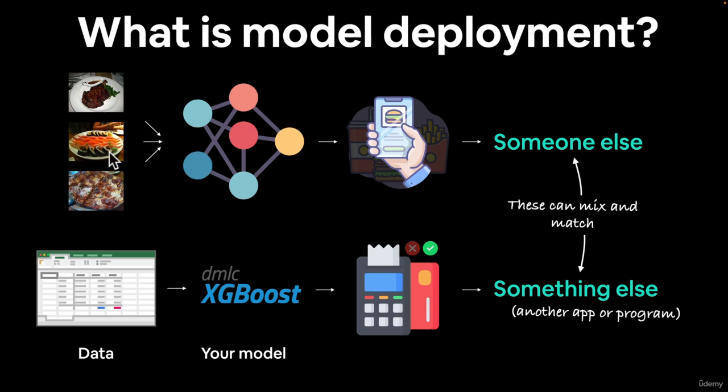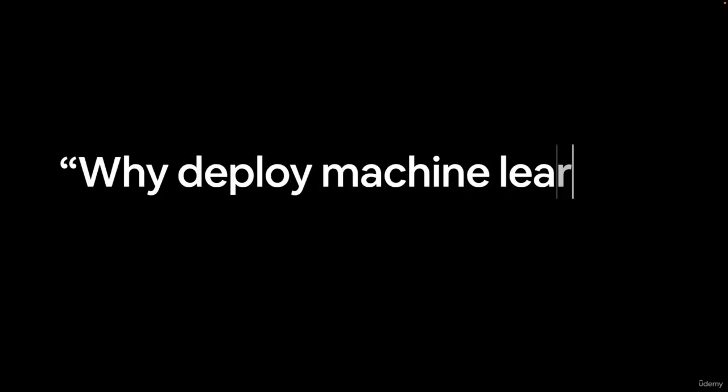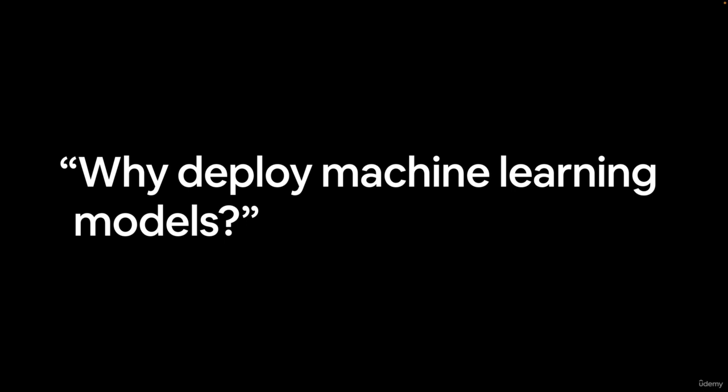Say it predicted sushi instead of steak. It might go to another program which would update the data set on the back end. So machine learning model deployment is getting someone else to interact with your model or something else, such as another app or program. Now you might have the question, why deploy machine learning models?